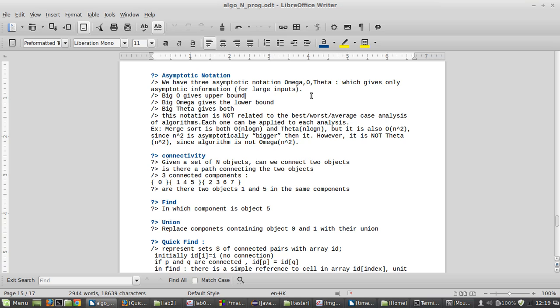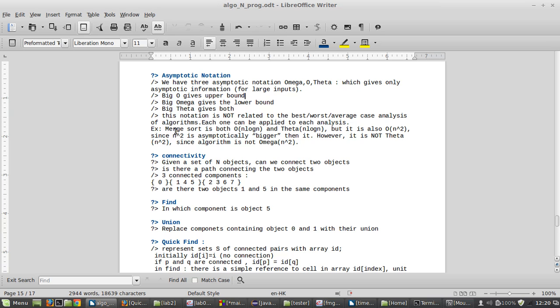If the complexity analysis of the size of the problem is very large, then you have to use asymptotic analysis. For that there are 3 kinds of asymptotic notations: omega, big O, and theta, which give only the asymptotic information. Big O gives the upper bound, big omega gives the lower bound, and big theta gives both the upper bound and the lower bound. That's why big theta is much better than big O or big omega.